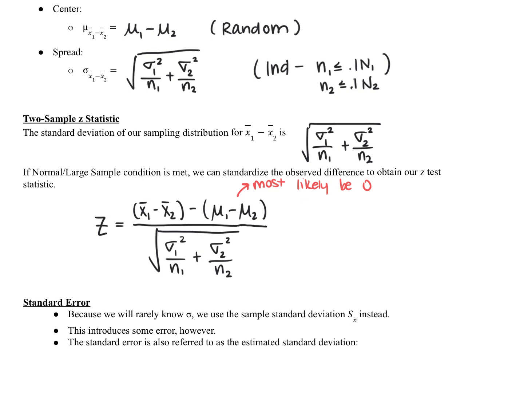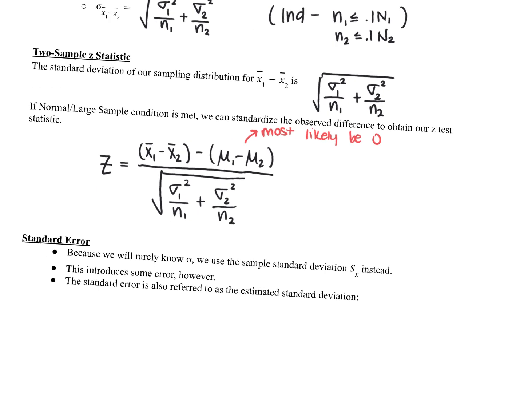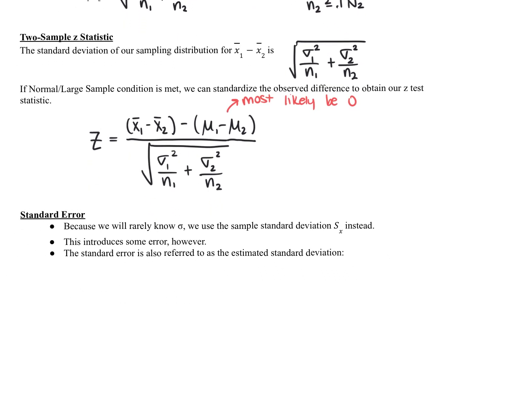Now obviously if we don't know our population standard deviation, the formula changes slightly and we use our sample standard deviation instead. So that becomes the square root of S1 squared over N1 plus S2 squared over N2.